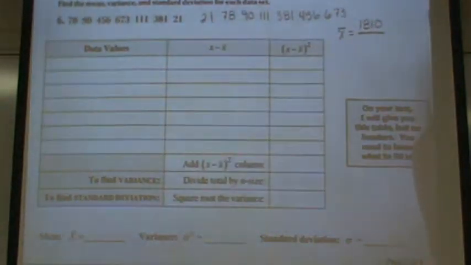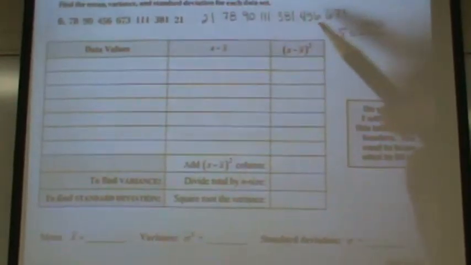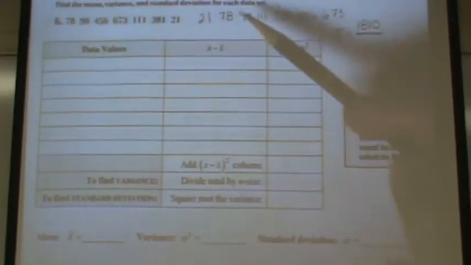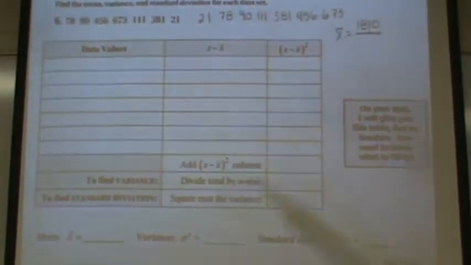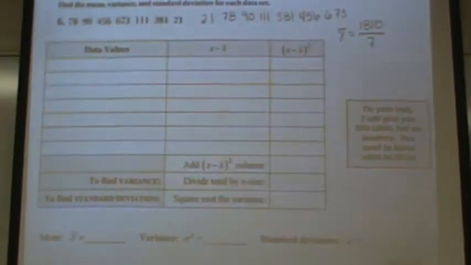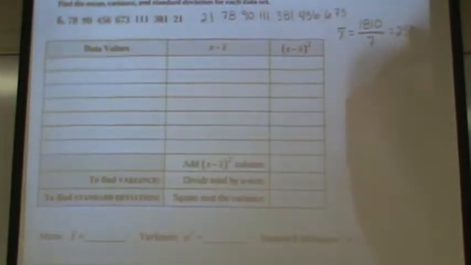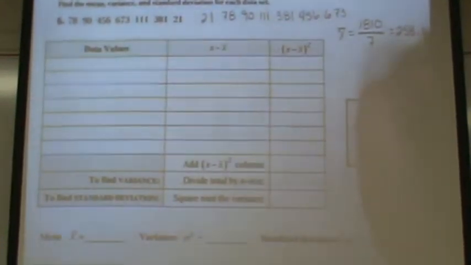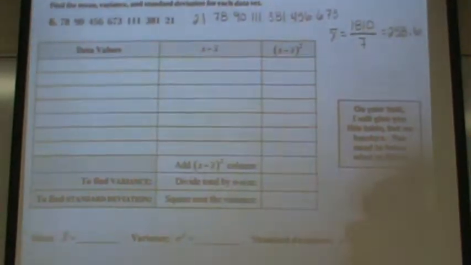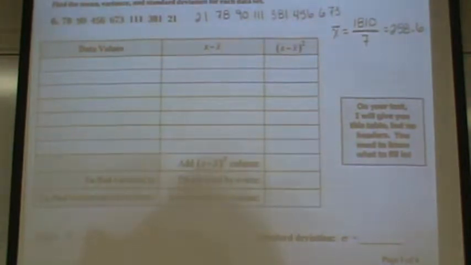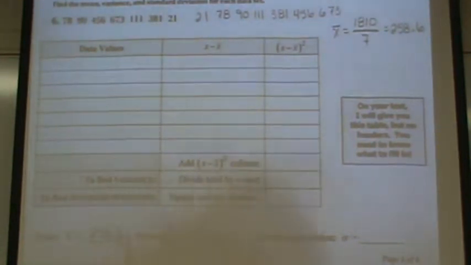And then we're going to divide by our total number of data points in our set. We have 1, 2, 3, 4, 5, 6, 7. So we're going to divide by 7. And we're going to get 258.6. So our mean, or our x bar value, is 258.6.